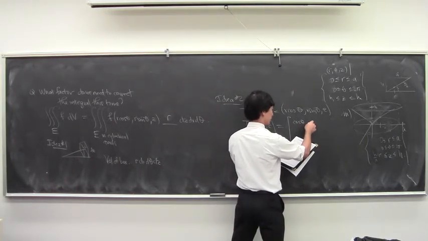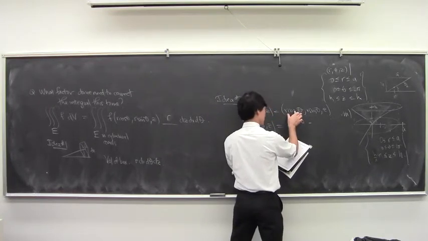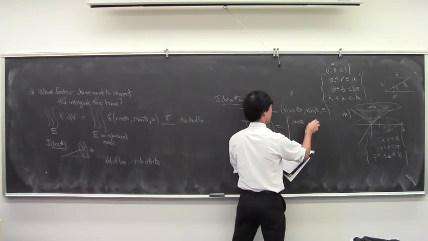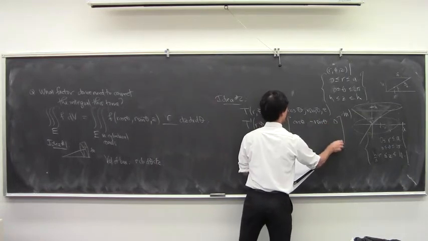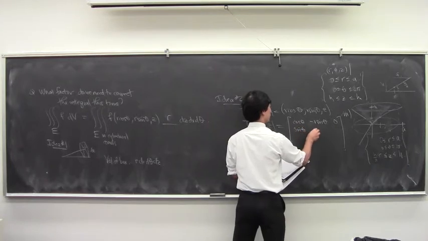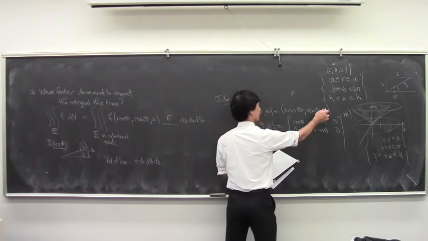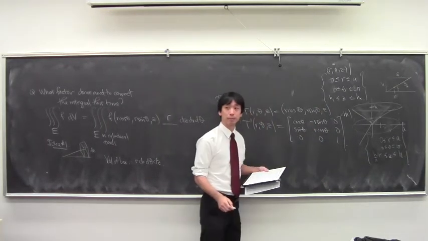Differentiate the first component with respect to r, with respect to theta, and then with respect to z. Then the second component with respect to r, then theta, then z. And the third component with respect to r, theta, and z.